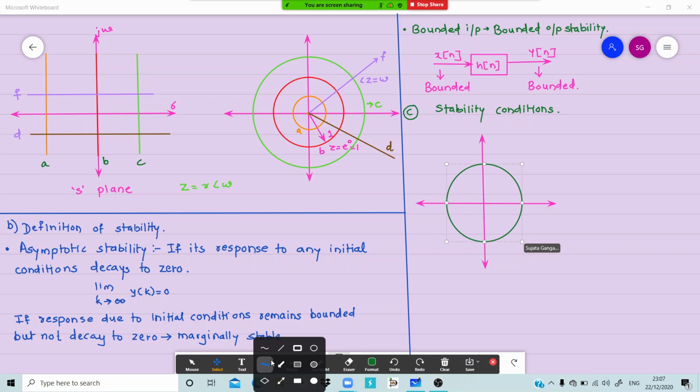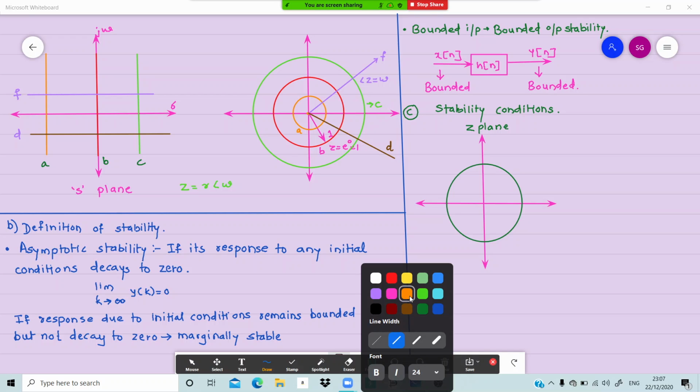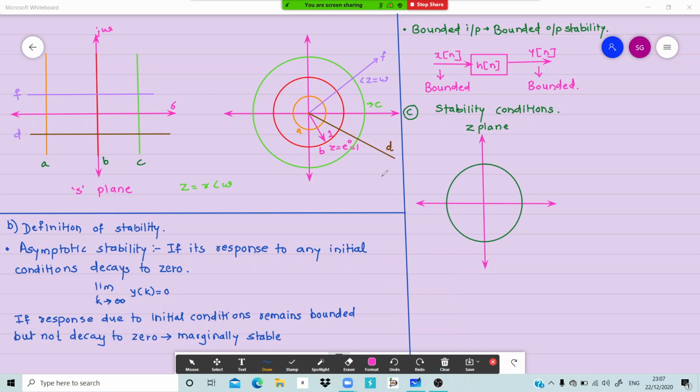Okay, see now, if this is the unit circle, I am talking about the z plane, so I should write it here: real z. This is the real z axis and this is the imaginary z axis, the imaginary part of z.